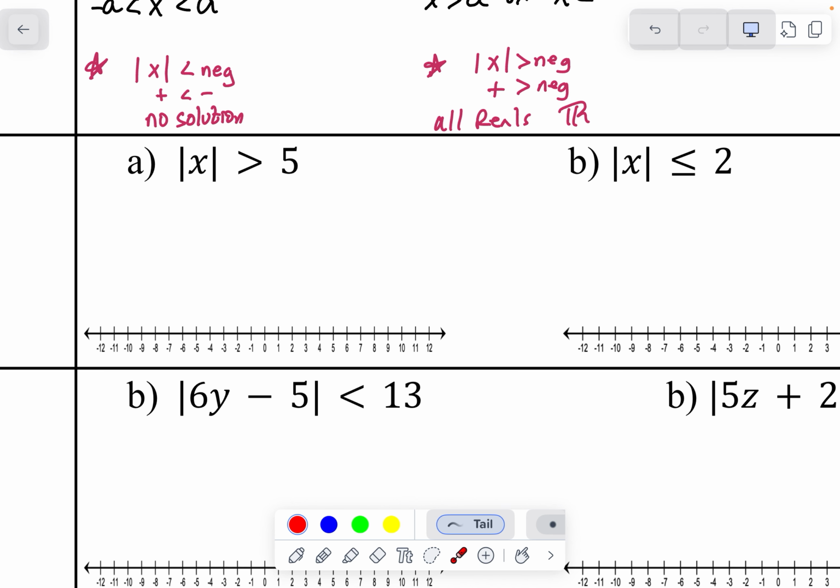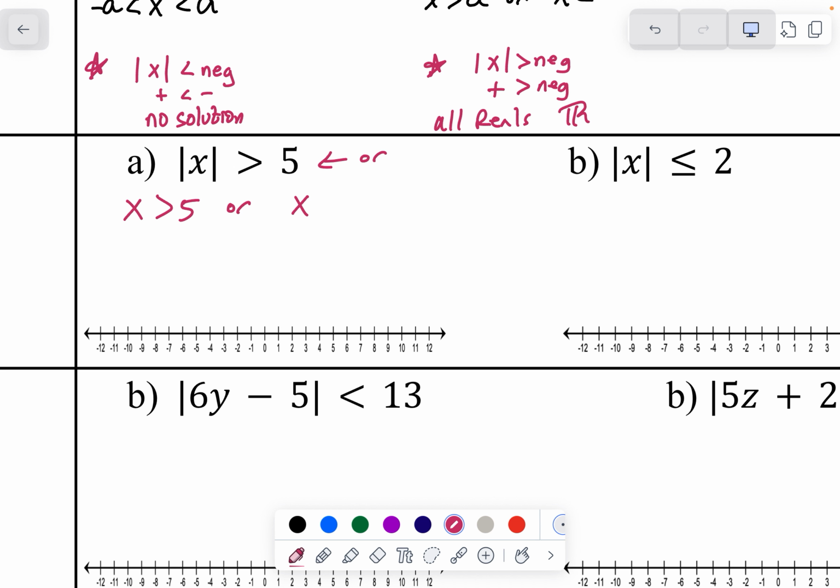If we have the absolute value is greater than 5, greater than, remember, is the or. So we're going to set up the 2 cases. Our first case, we just rewrite it without the absolute values. Write the word or. The second case, we leave the x alone without the absolute values. We flip both pieces of the next piece.